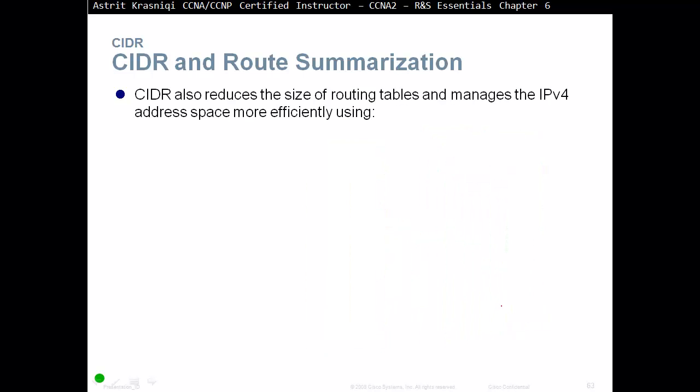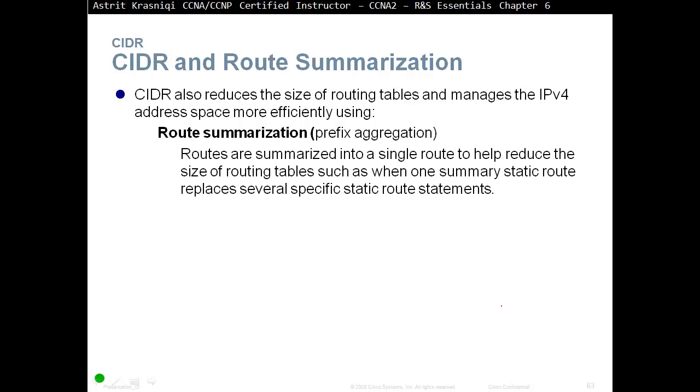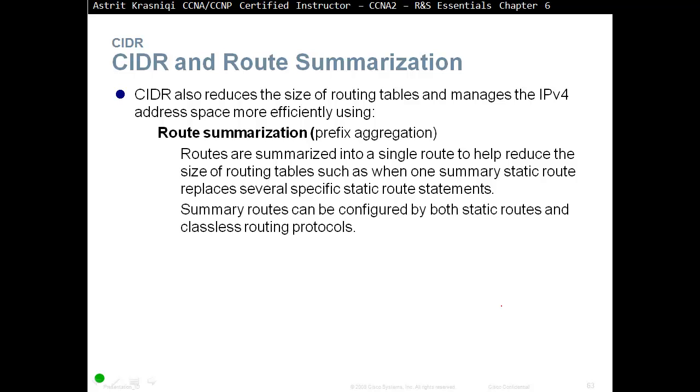So classless interdomain routing and route summarization. Classless interdomain routing also reduces the size of the routing table and manages the IPv4 addressing space more efficiently. We are using route summarization, also known as prefix aggregation. Routes are summarized into a single route to help reduce the size of the routing table, such as when a summary static route replaces several specific static route statements.